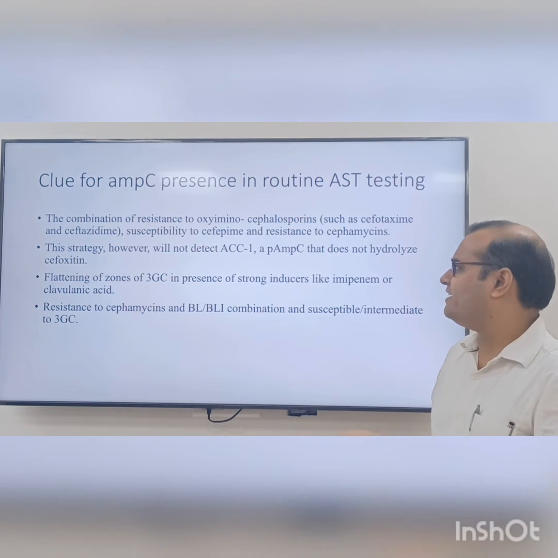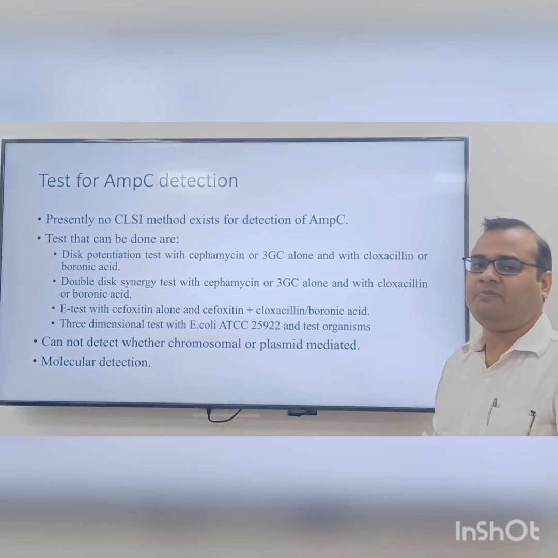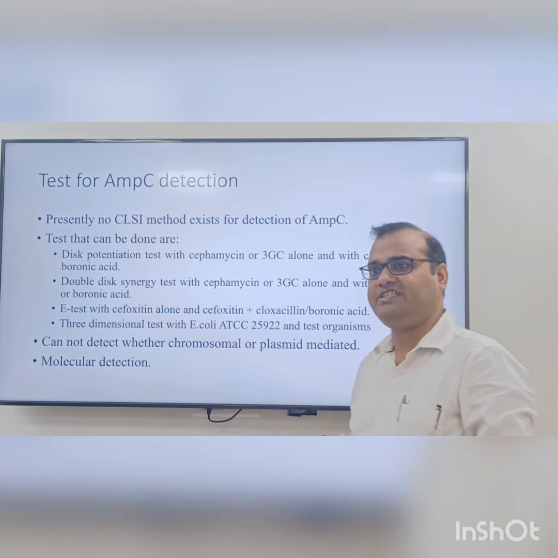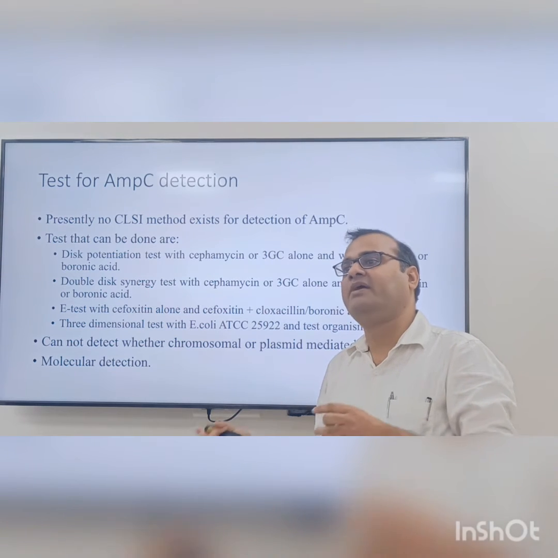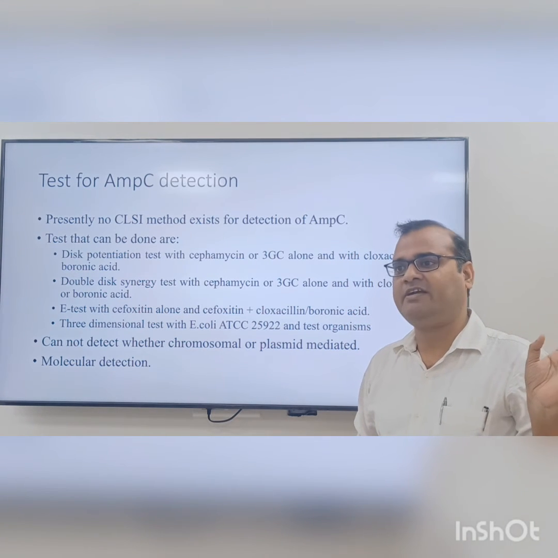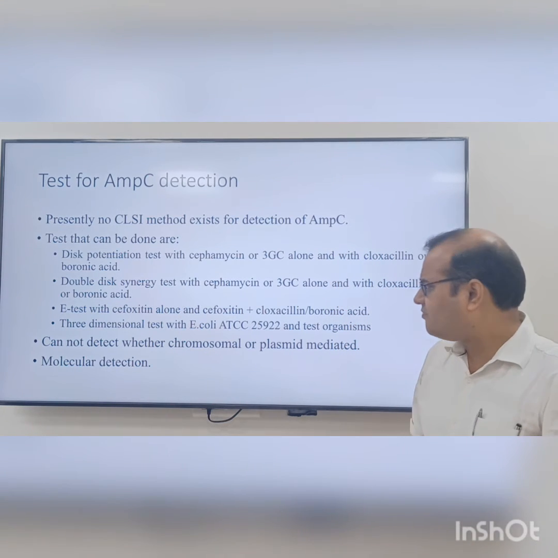Coming to different tests, presently CLSI doesn't have any recommended method for detection of AmpC genes. However, most probably they are working on it, and we may have a recommended method by the next CLSI M100 revision.